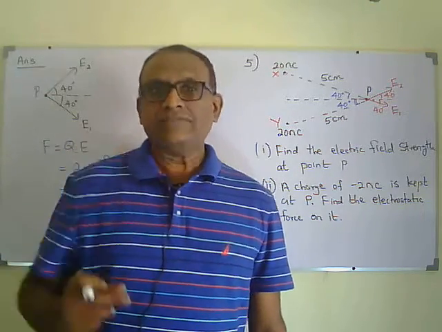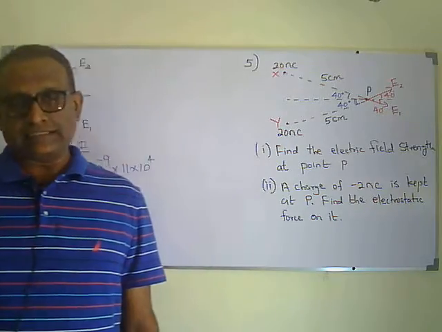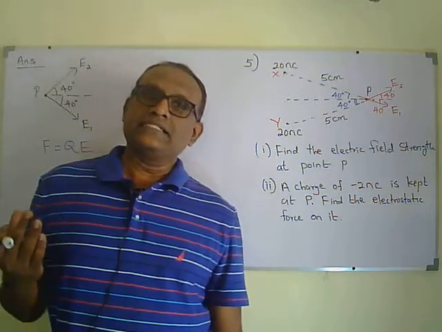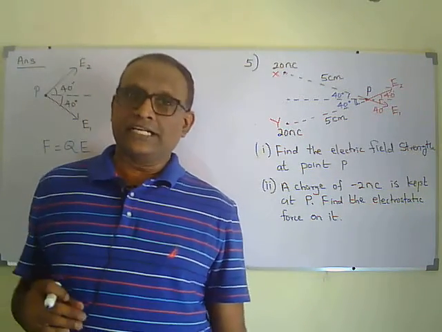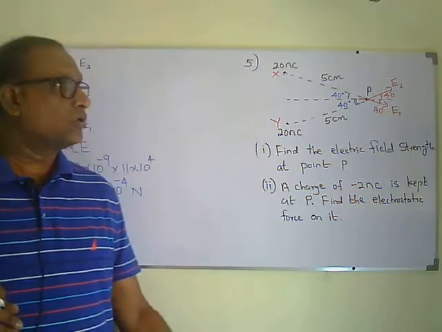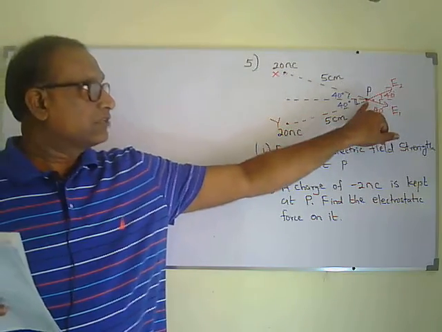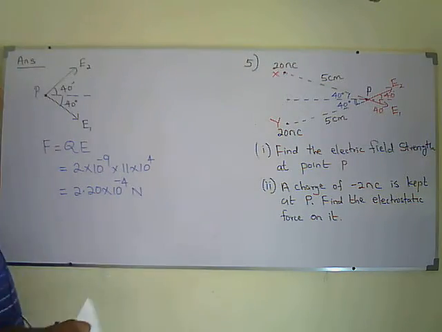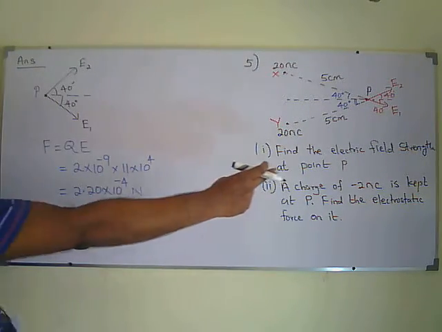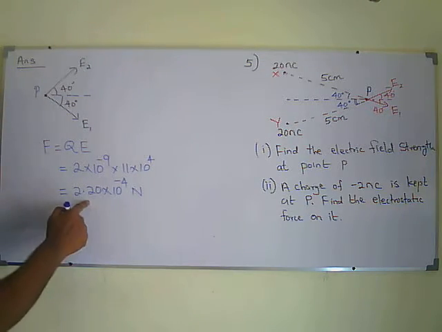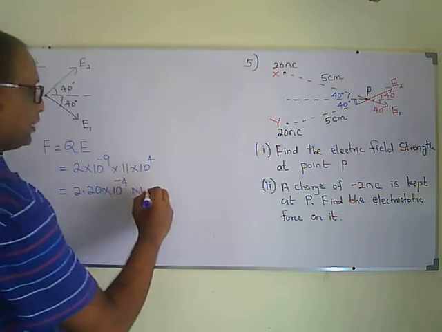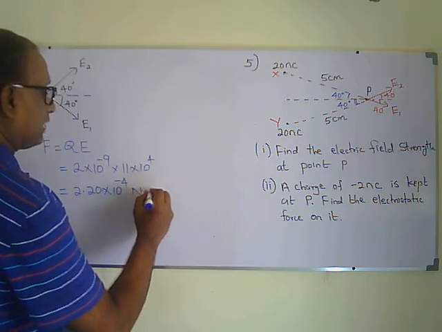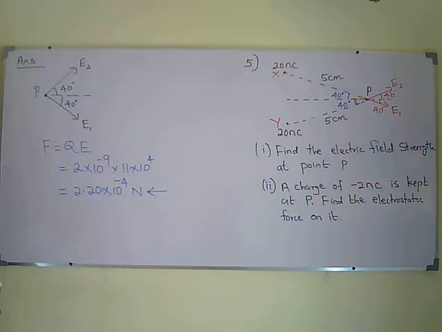If you keep a negative charged particle in an electric field, it will experience electrostatic force opposite to the direction of the field line. I already showed the direction of the field line at point P is towards right. So the electrostatic force acting on -2 nanocoulomb, we found the magnitude, and the direction will be opposite to the direction of the electric field. That will be towards left.